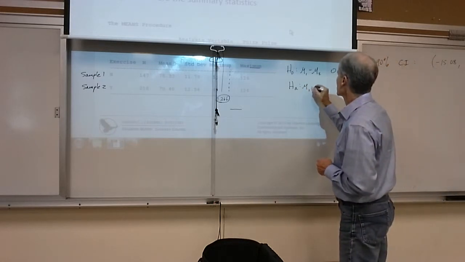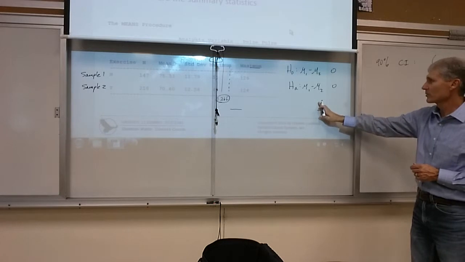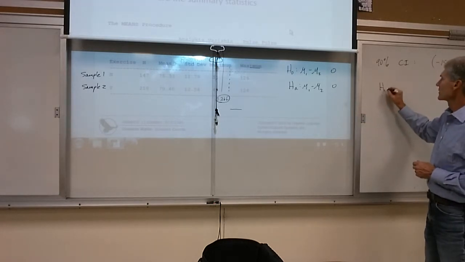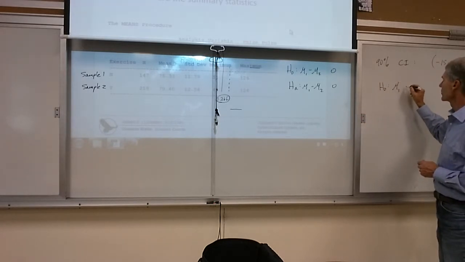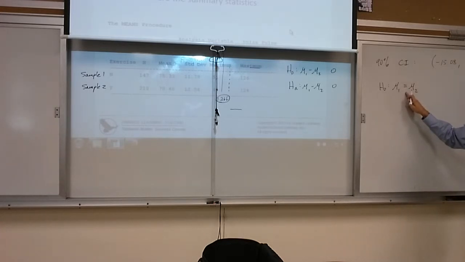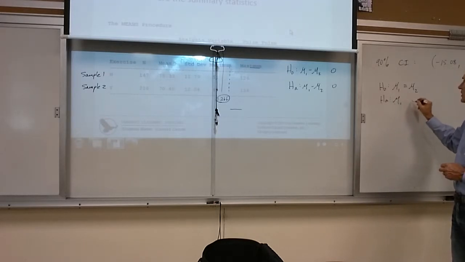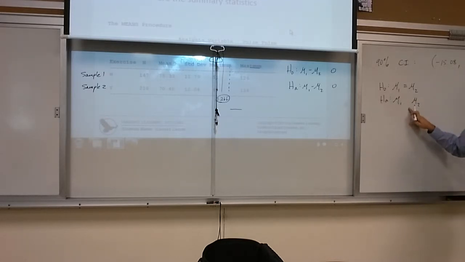But I think it's easier to first write it the way your calculator wants it. Your calculator wants the null hypothesis, mu1 equal to mu2, the null is always equal, and the alternative mu1 and mu2 with some symbol in there.